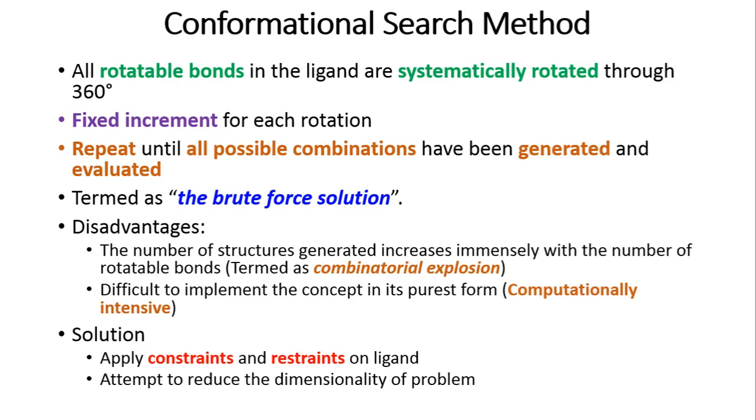So in this way you can apply the constraint based on the chemical nature of your bond. So in this way you can apply either constraints or restraints on the ligand's flexibility in order to reduce the dimensionality of the problem and thereby solve the problem of finding the receptor and protein ligand complexes using this conformational search method.